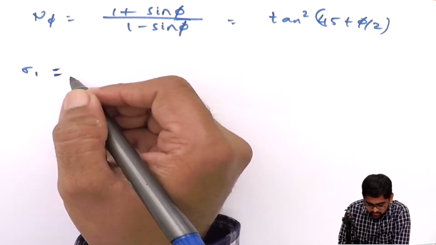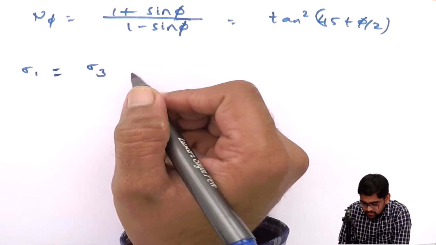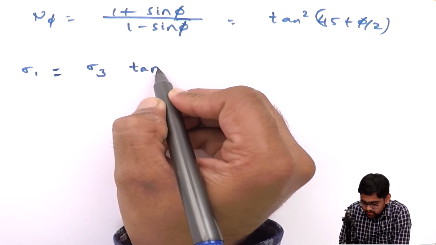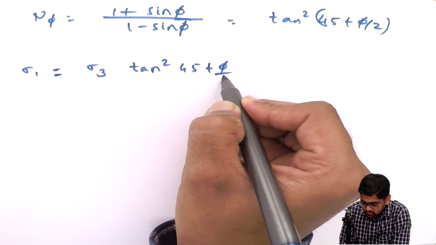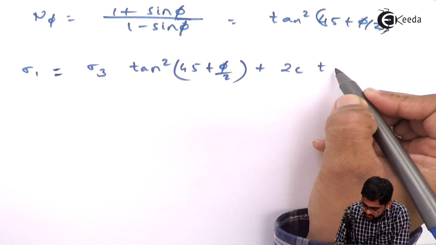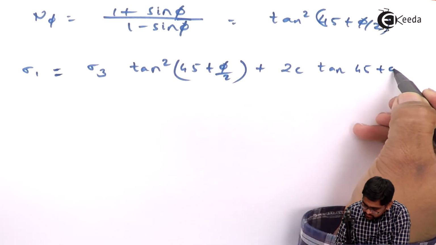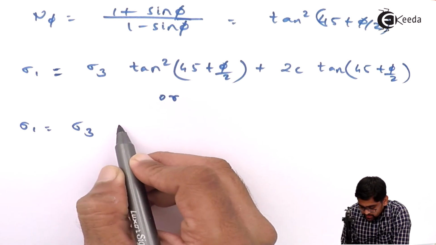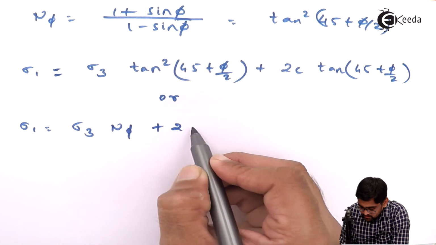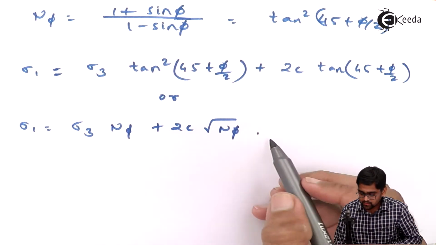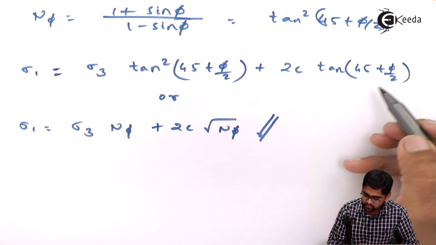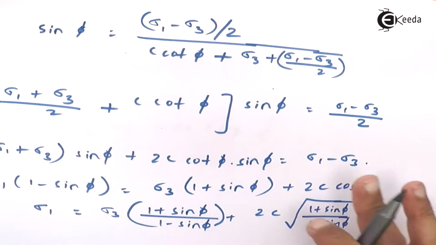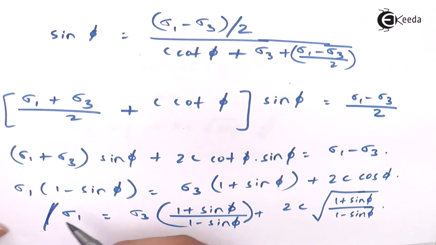This expression, sigma 1 equals sigma 3 into tan square 45 plus phi by 2 plus 2c tan 45 plus phi by 2, or again you can rewrite this as sigma 1 equals sigma 3 N phi plus 2c root N phi. So this is the final expression. You can use any of these expressions as a correlation between the major principal stress and the minor principal stress.